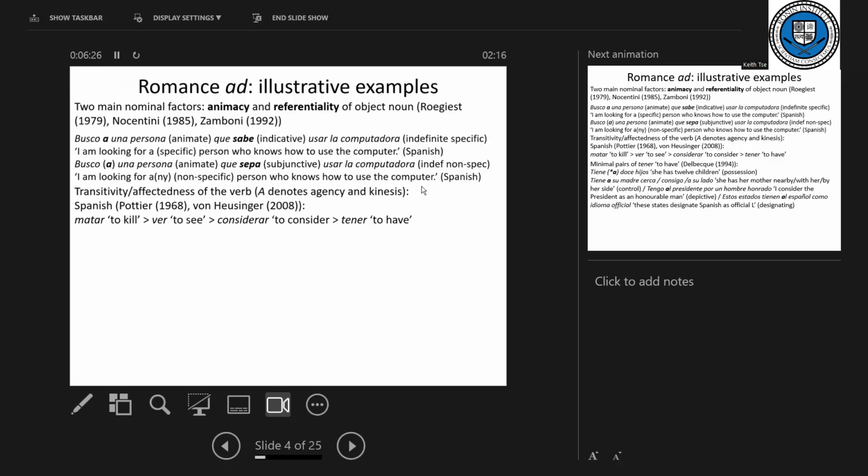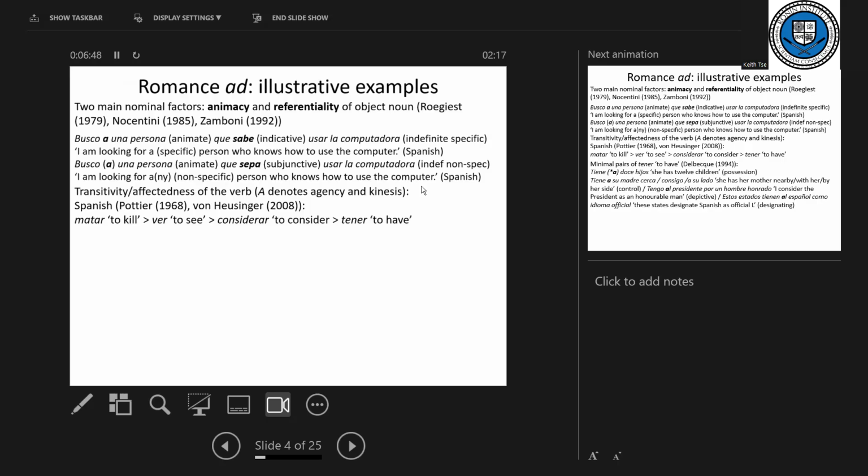The use of a here correlates with the mood of the relative clause. If it's specific, then the relative clause uses an indicative verb, and a is obligatory. If it's non-specific, then a is optional. It can be left out.